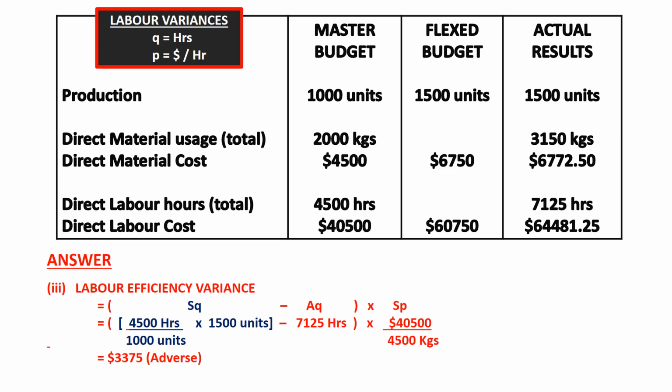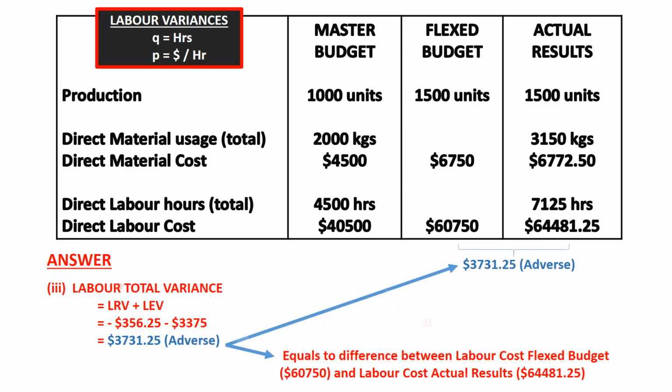Okay, Mr. Della, we will memorize. Here also, we will memorize that the labor total variance is also equal to the difference between direct labor cost as per the flexed budget and the actual direct labor cost.